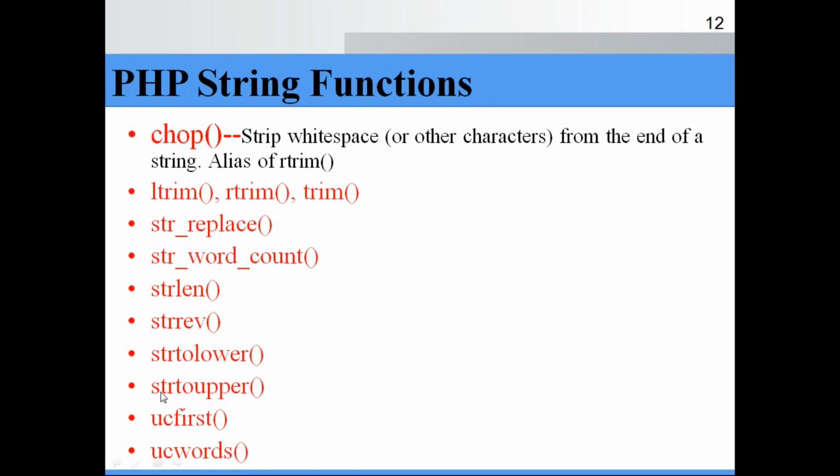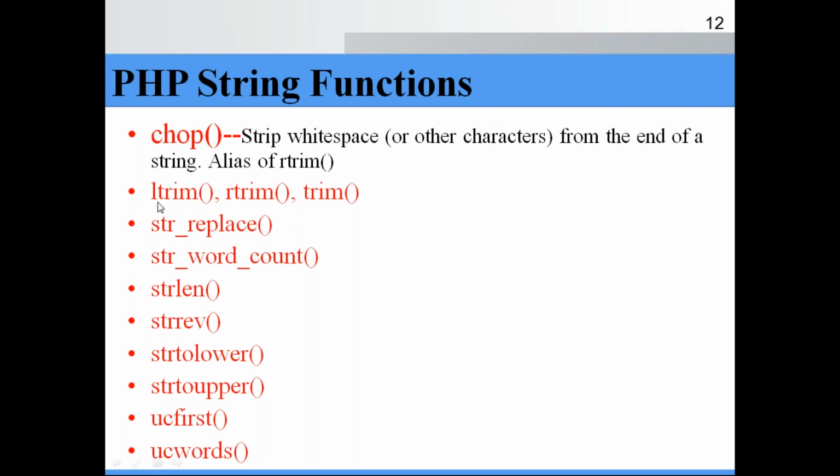There are strtoupper and strtolower, and these two are to convert the entire string to uppercase or lowercase, and strrev is for string reverse. strlen to find the length, str_word_count to find the number of words in your string, and str_replace to replace some substrings or characters in your string.